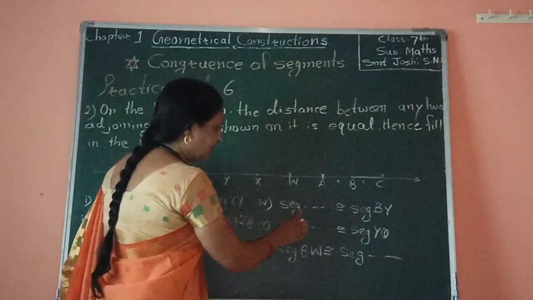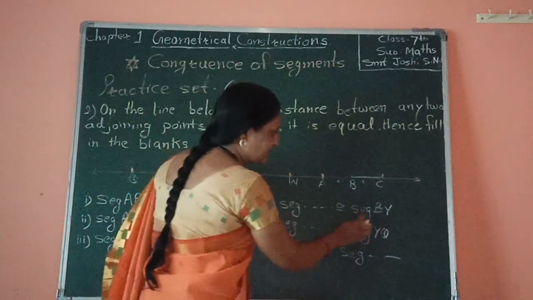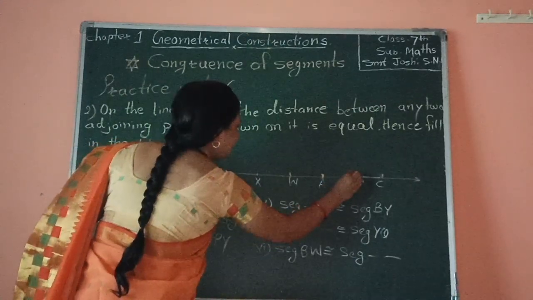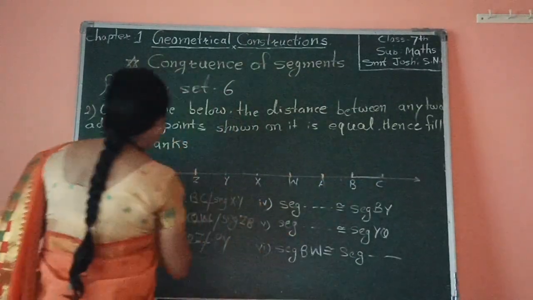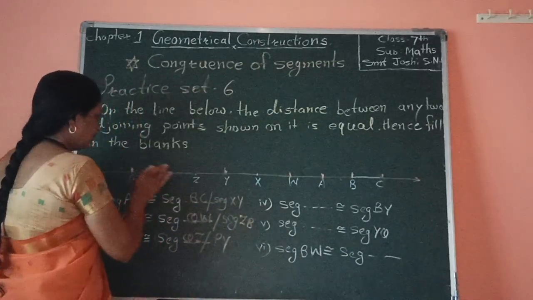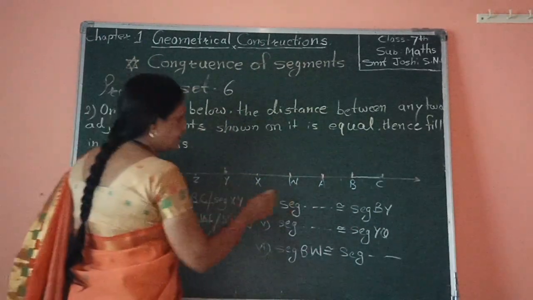Fourth, seg dash dash congruent seg BY. See students, seg BY, B and here 1. How much distance in BY?